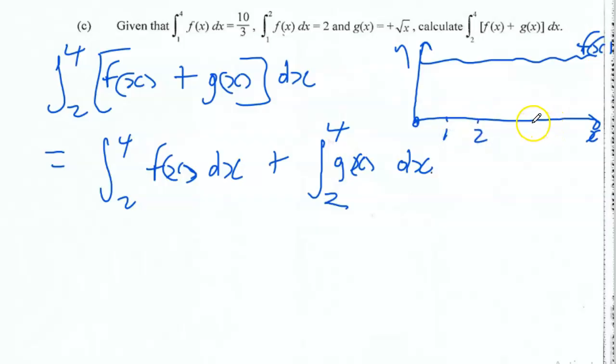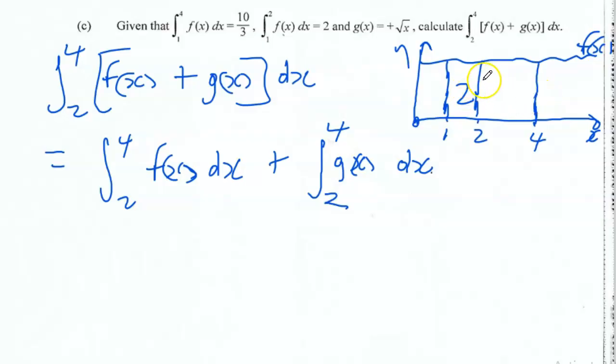x is 4. The integral between 1 and 2 gives us the area under the graph. The integral between 1 and 2, we are told, is positive 2 here. The integral of f of x between 1 and 4, that's all of this, we are told is 10 over 3.